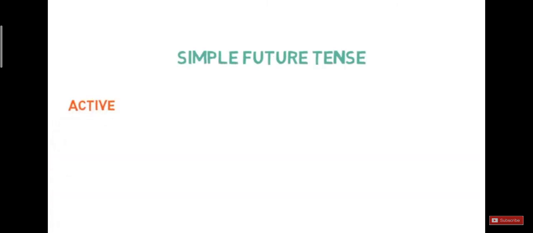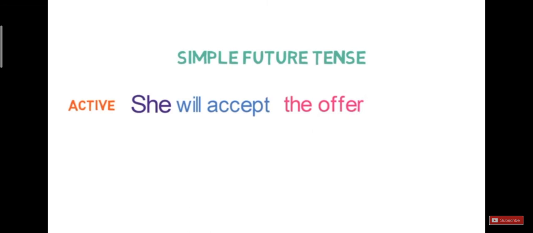Simple future tense, active voice. She will accept the offer. Passive voice. Same thing we have to do. Identify subject, verb plus object. Now swap the object's position to subject, subject's position to object's position. She will turn into her.